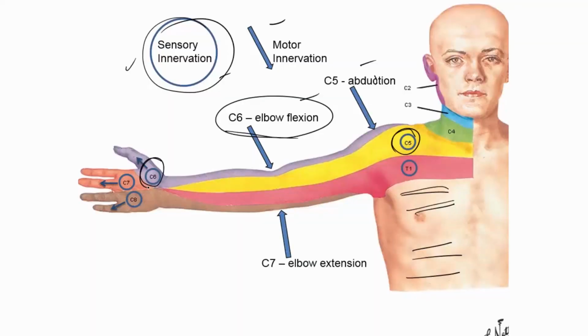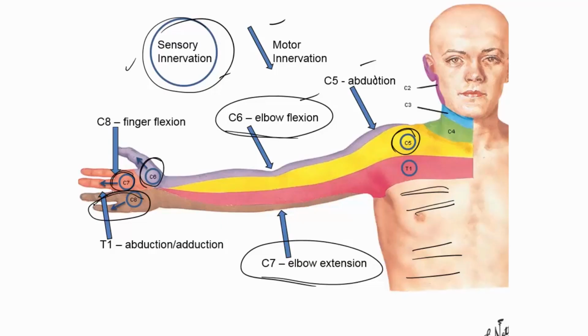If we have a C7 injury, most affected will be elbow extension. And we will expect, again, cutaneous effects to the middle finger. And if it's C8, it's finger flexion that is most affected.